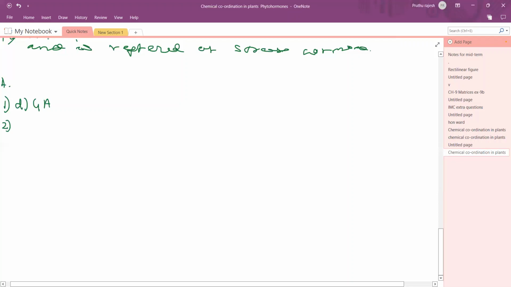Second question. Apical dominance phenomenon is caused due to which? A. Auxins. B. Gibberellins. C. Cytokinins. D. ABA. The answer is A, auxins.